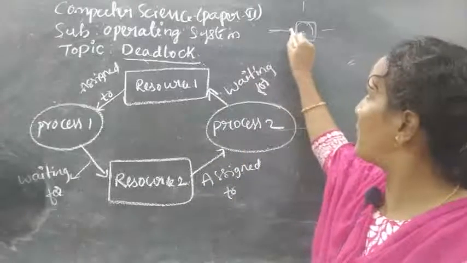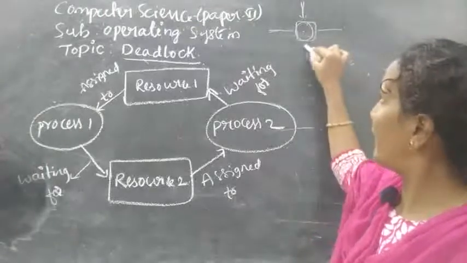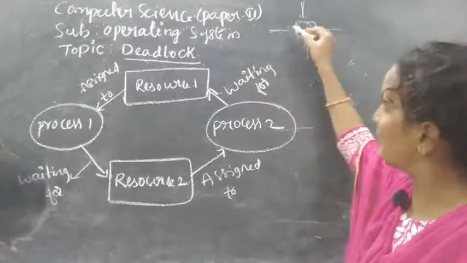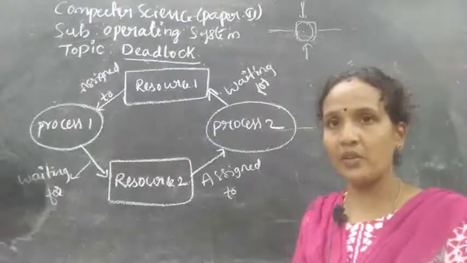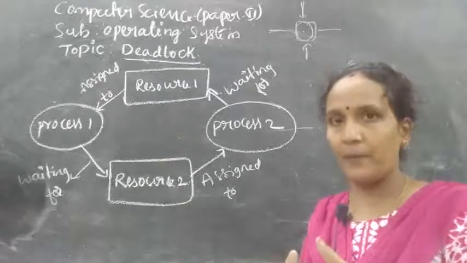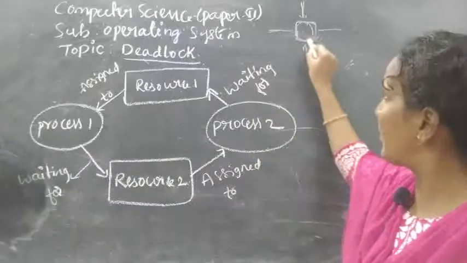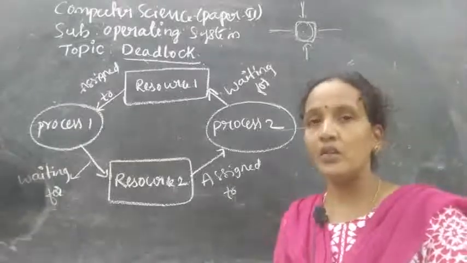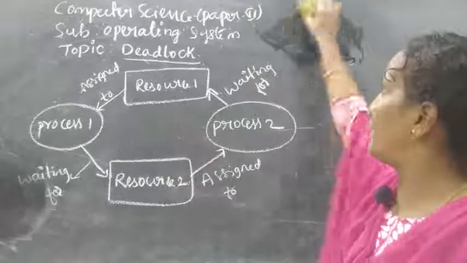The vehicles are coming from this side, this side, this side, and this side. But this side vehicles want to go to this side. So it is not possible because there is a traffic jam. All roads are blocked. Okay, they can't move. This situation is called as a deadlock inside the system.